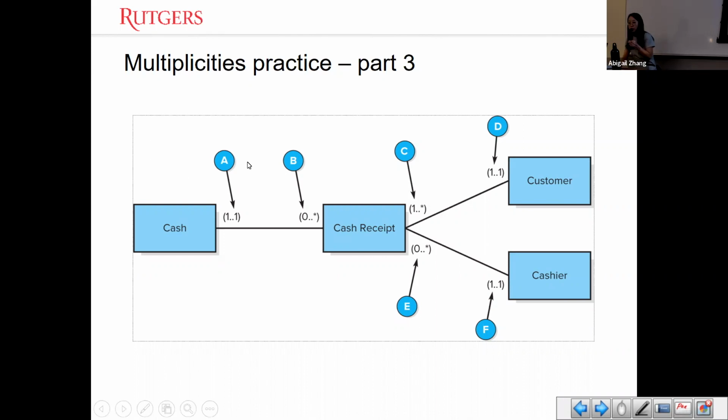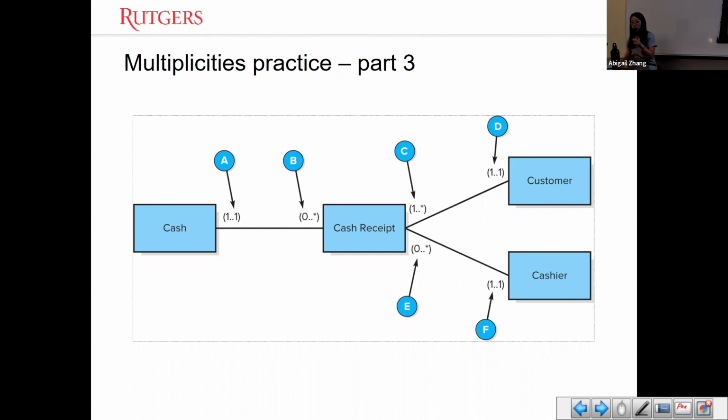And for A, we say that for each check or each deposit, that can only go into 1 bank account, right? Because, for example, if we have a check, let's assume that you cannot break the check down into 2 separate parts. You only deposit that amount as a whole. So in that case, you can only deposit that into 1 account.